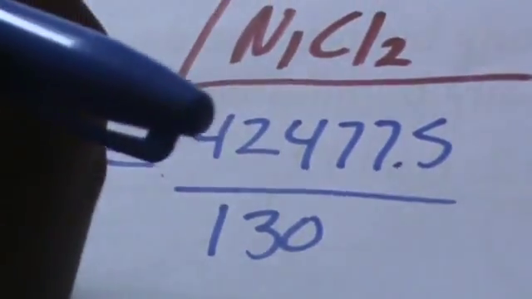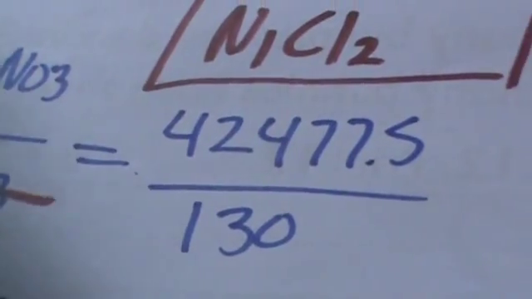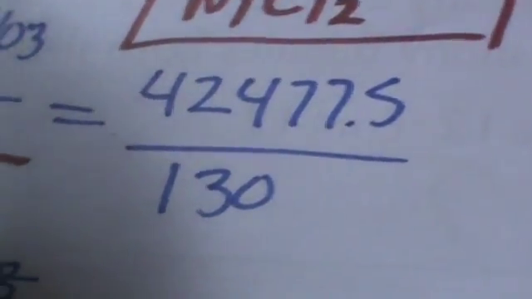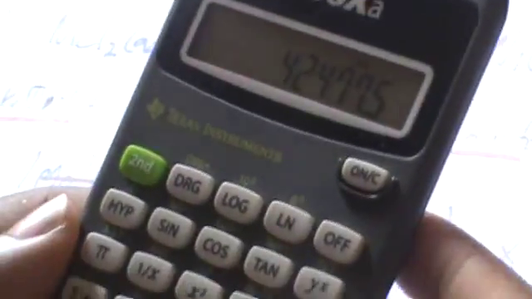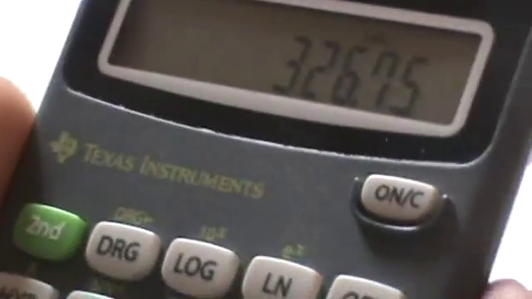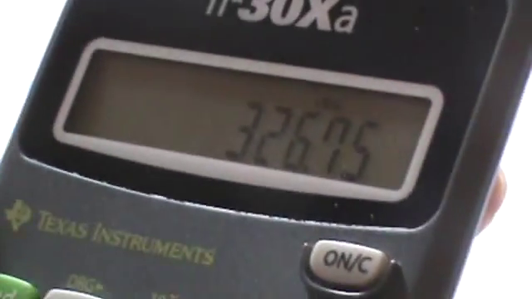We only have 130 under here, so we're going to divide this figure by it. So 21238.75 divided by 130 equals, okay, so this is the final answer right here: 163.37.